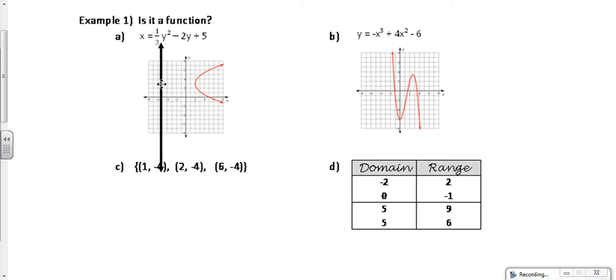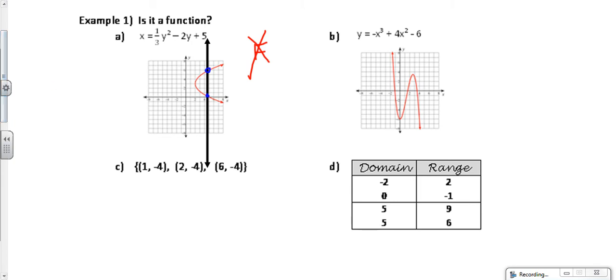Now, as I move this vertical line to the right, there it hits the graph at one point, but all of a sudden if I go further, I have a problem. My vertical line intersects the graph in this position and in this position. Because it intersects the graph in more than one place at one time, we would say that this is not a function.